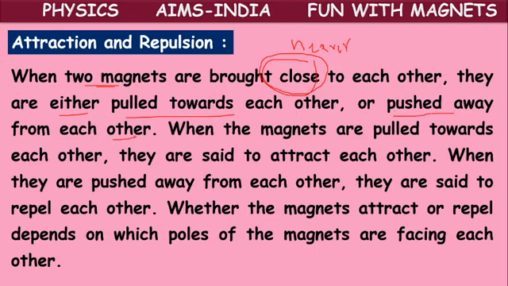These two things may happen. When we bring two magnets close to each other, they may pull towards each other, means they may come near, or they may push away, go far away from each other.